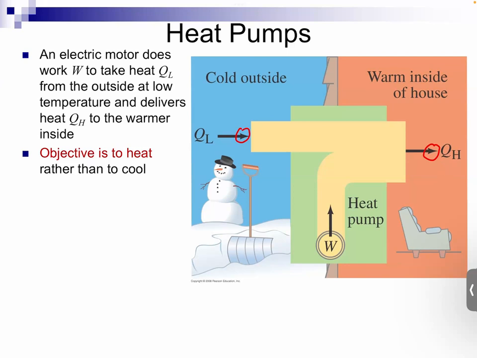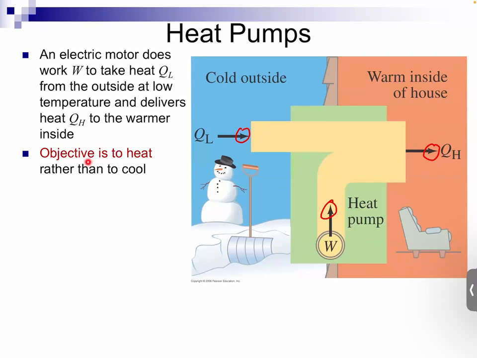and that lost energy is gained by the warm room. Again, the second law of thermodynamics says that this cannot happen spontaneously. Heat cannot flow spontaneously from the cold outside to the warm room, and hence you need a pump to do work in order to facilitate the energy transfer from the cold outside to the warm room.